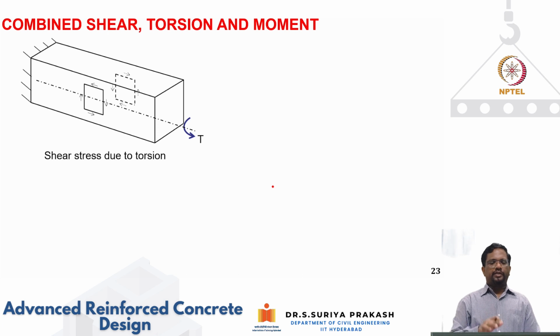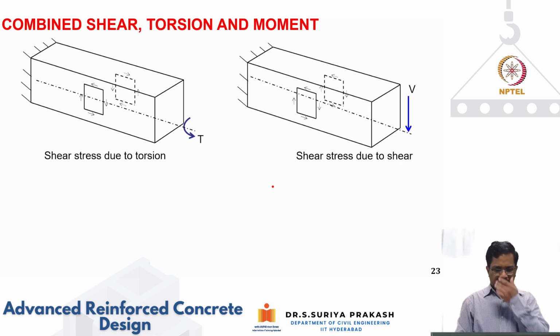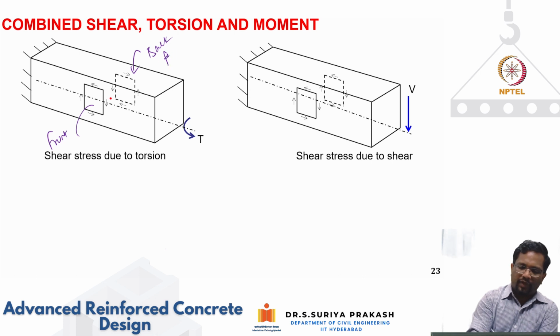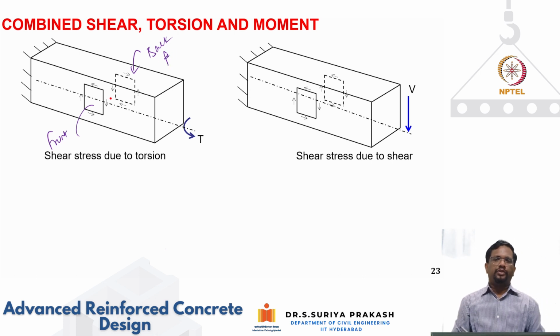Now let us see what happens to the same principal stresses when you have both torsion as well as shear. You will find that the direction, if I take this as your front face and this as your back face, the shear stress directions are going to change depending upon what plane you're looking at the element.